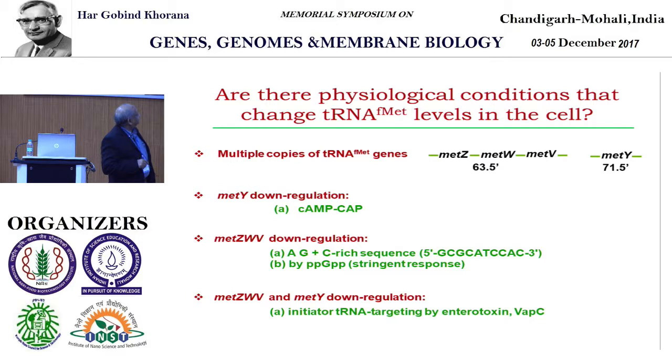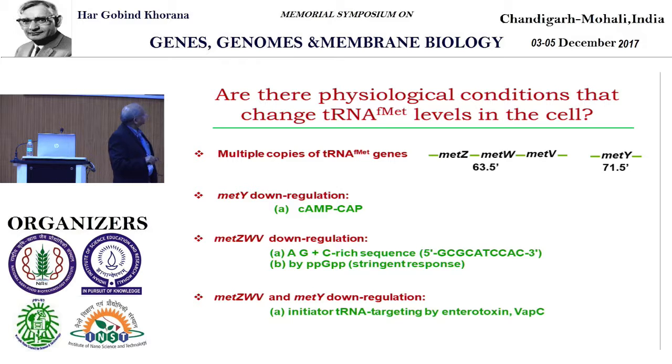There are situations that are known. Cyclic AMP CRP, in fact, binds to a downstream gene, but the binding site is overlapping with the promoter of metY, and this binding downregulates it. Again, you can see an energy connection here.